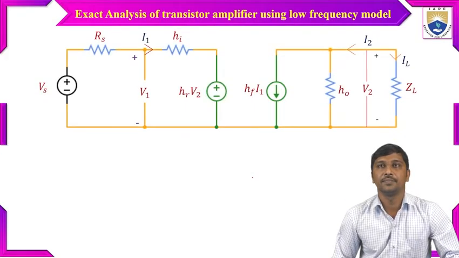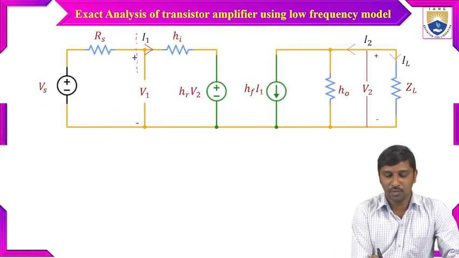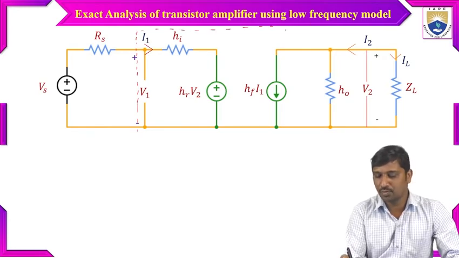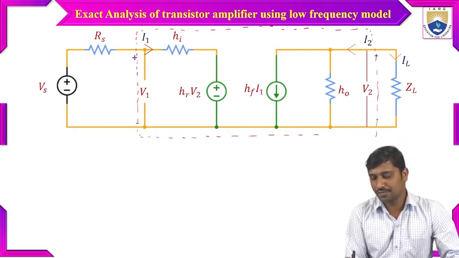So let us consider this amplifier. Up to this point we know that the transistor is represented as a two-port network model, and this is a small signal model of the BJT.